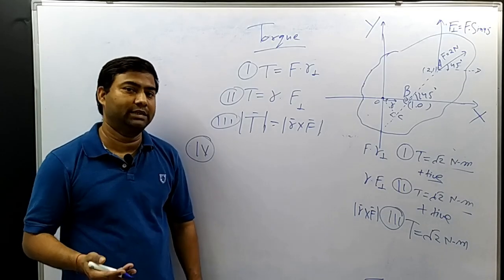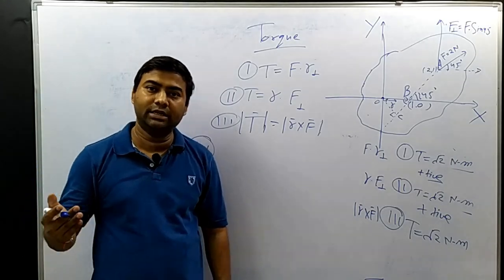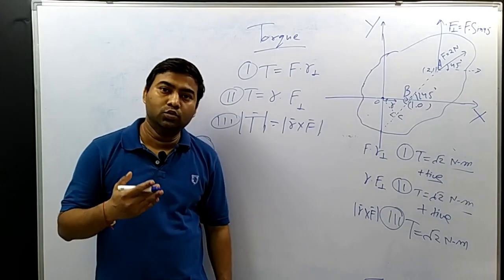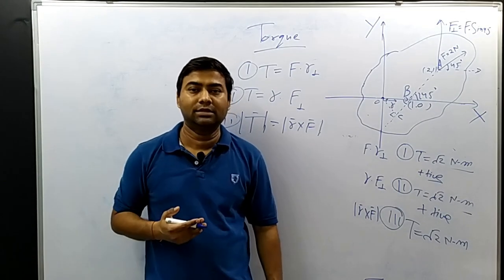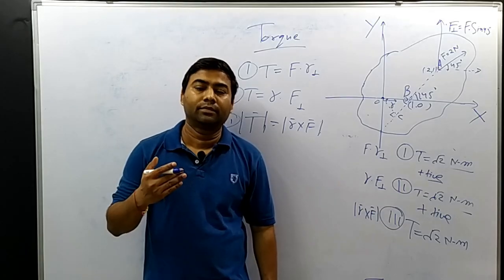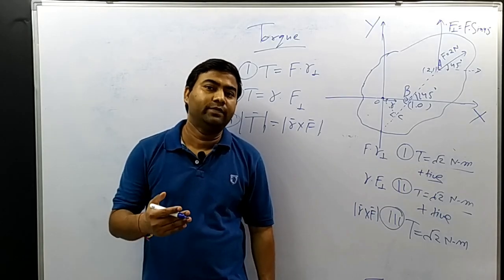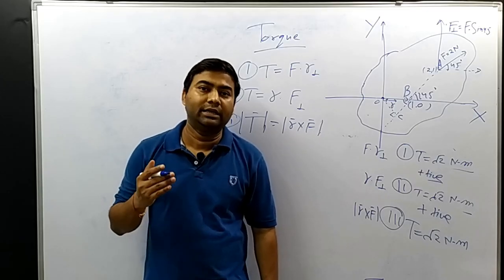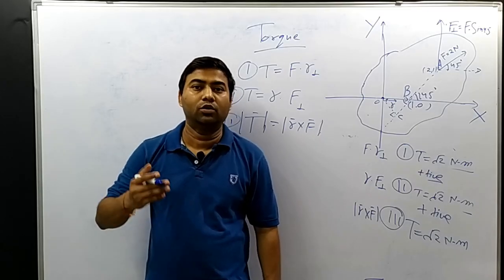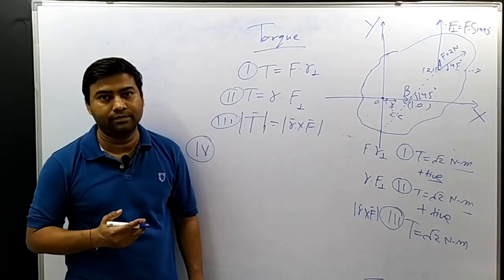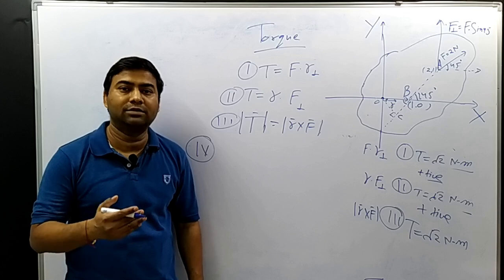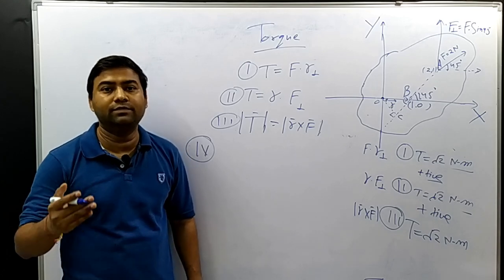Right-handed unit vector system, which is I, J, K, which we have discussed earlier. I is the unit vector along the positive x-axis direction. J is the unit vector along the positive y-axis, and K is the unit vector along the positive z-axis. So I, J, K are unit vectors along x, y, z positive directions.